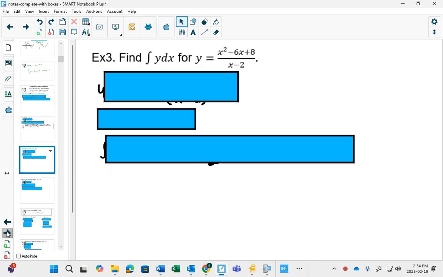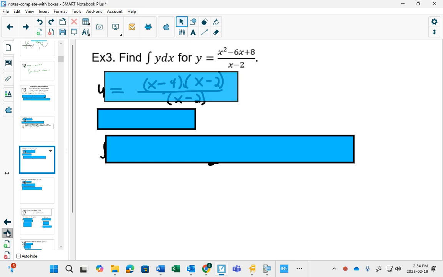Same thing in this one. It's dividing. I can't do that. Right? But what could I do? You're stuck. You want to do the integral of this, and it's dividing. We have no rule for dividing. So we have to manipulate. Any suggestions of what you might want to try? Factor the top.